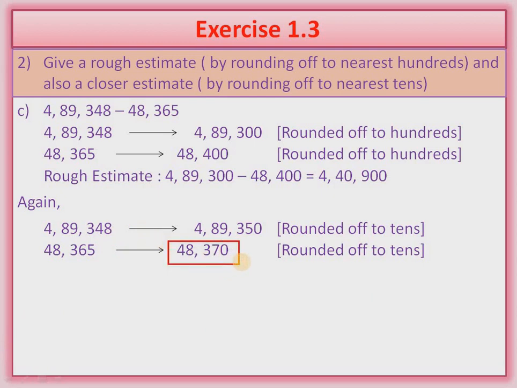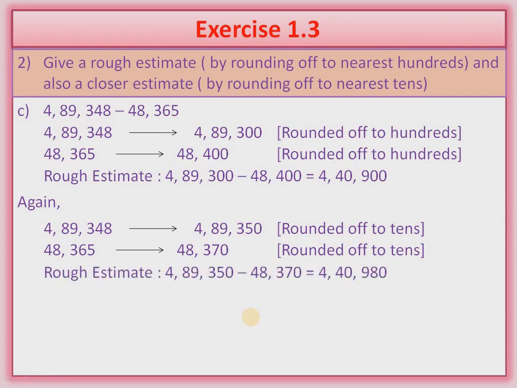Understood? If you will subtract these two numbers, so you will get answer. Okay, what is answer? The answer is 4,40,980. Clear? Okay beta, I am not going to show how to subtract this number because you know very well.